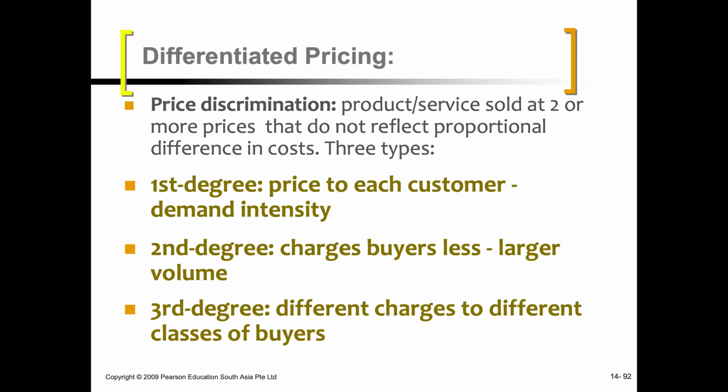The first degree is pricing to each customer's demand intensity. The second degree charges buyers less, but aims for larger volume. The third degree is different charges to different classes of buyers.